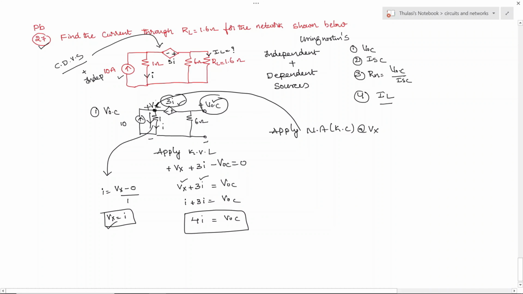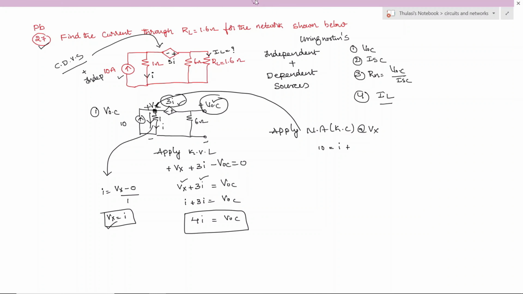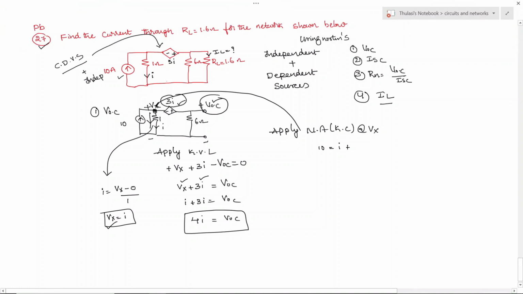So when you apply the nodal analysis at this point, what are the entering currents? 10 amperes is the entering current, and I is the leaving current, and next leaving current, you can mark this current as some Ix.